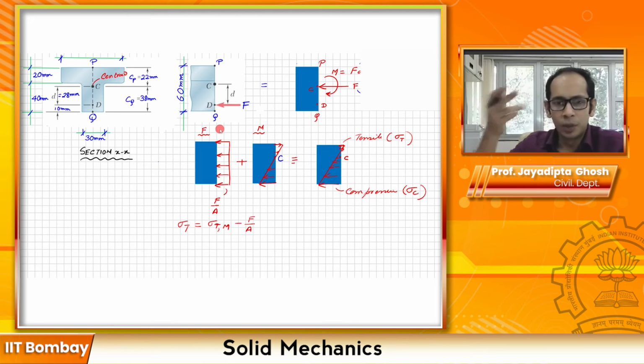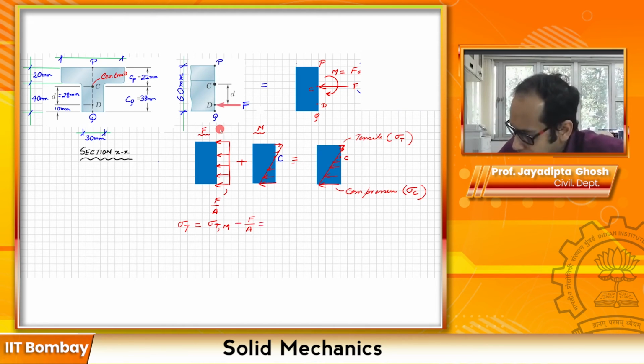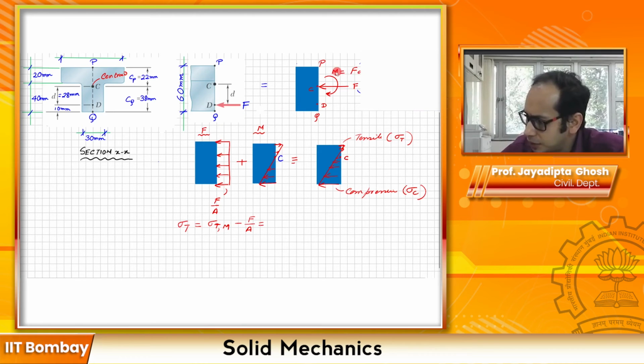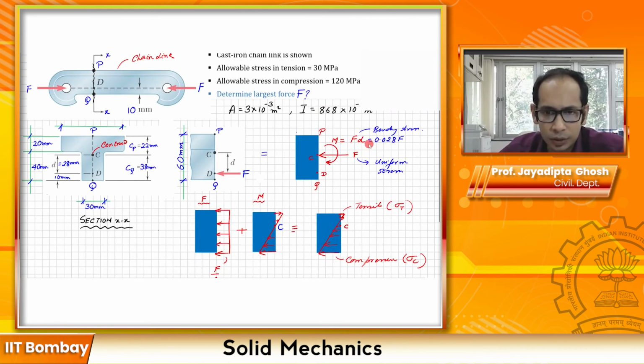Now if you plug in the numbers, what you essentially get is that your sigma tensile out of the moment comes out as what? It is going to be this one over here. Sorry, I should scroll and show this moment over here.